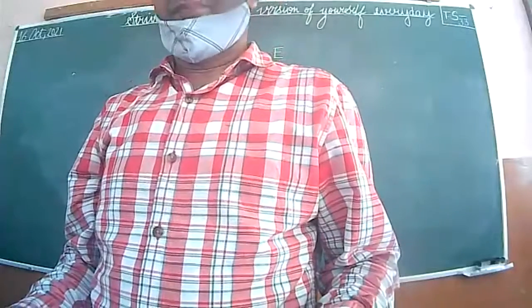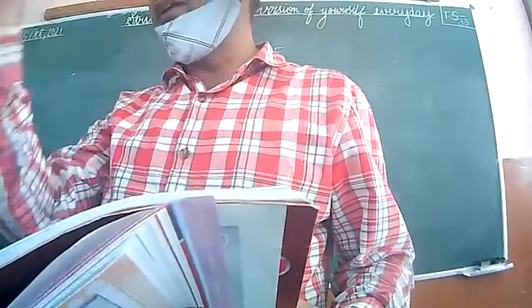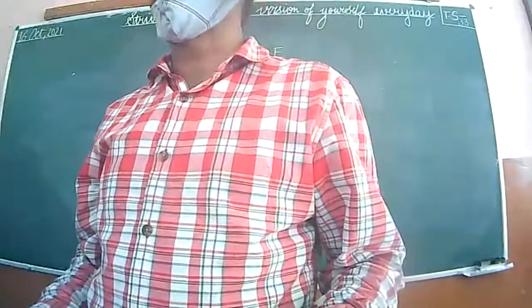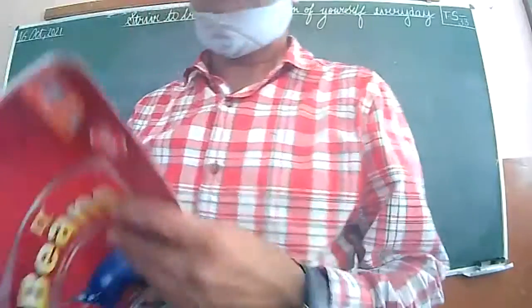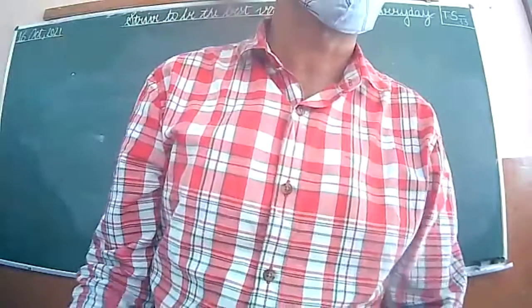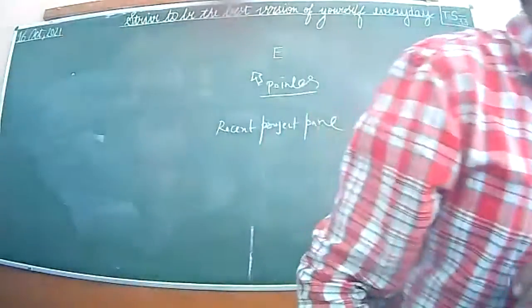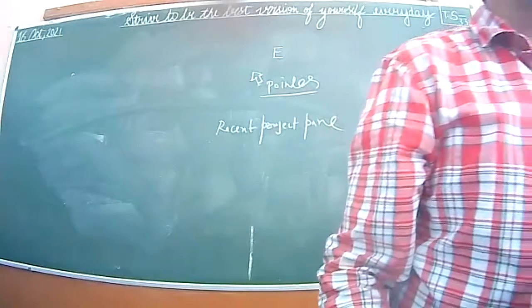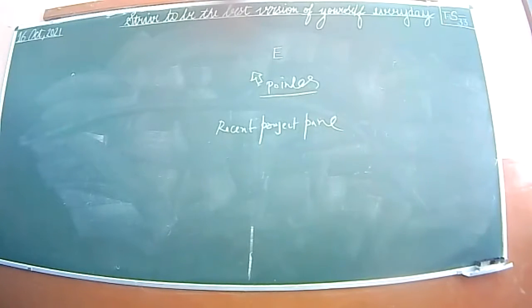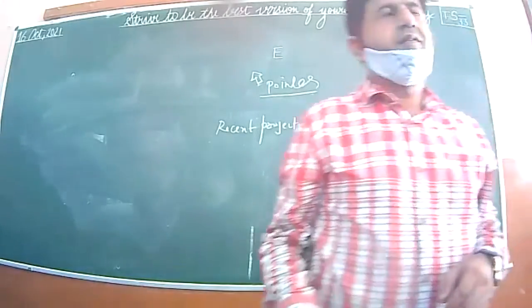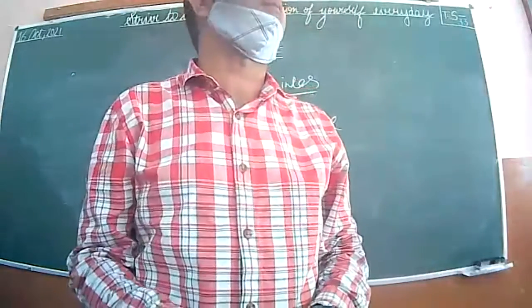Then A, it means it is a label. Here is an image, and third one is pointer. Beta, here is command button.